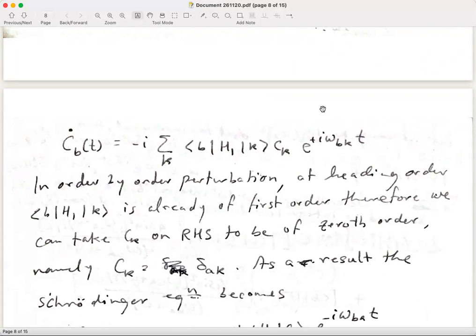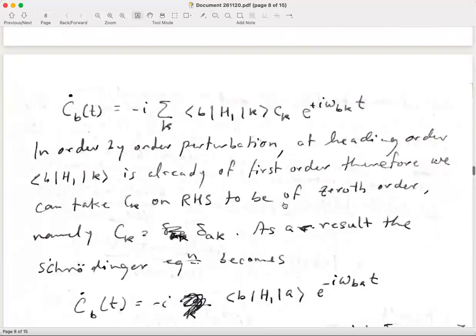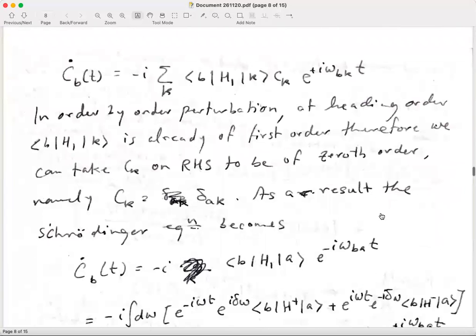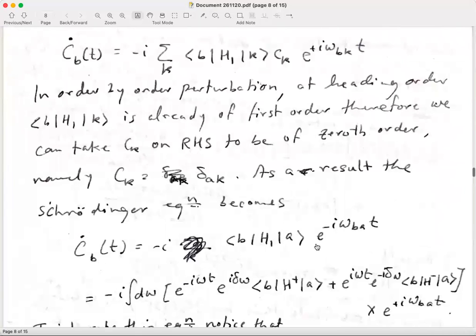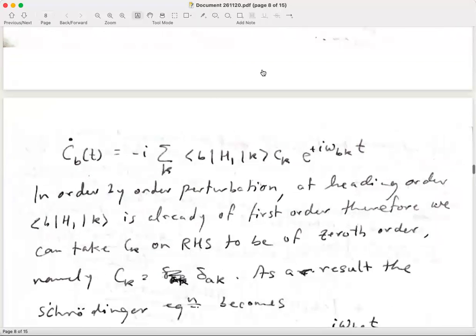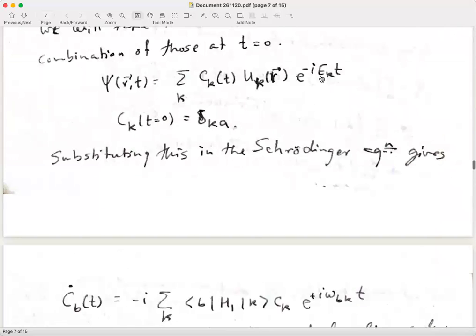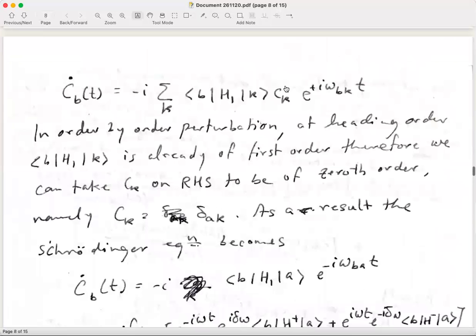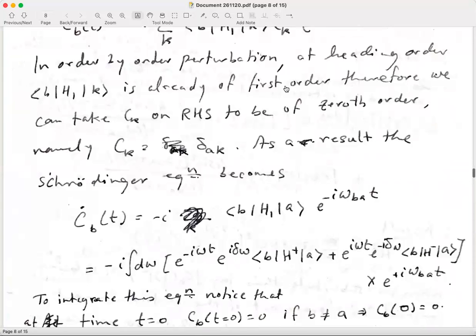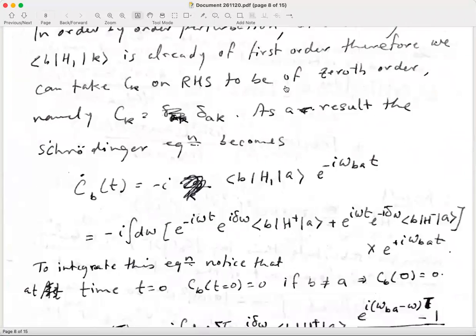We have e to the minus I omega b minus omega a times t, because of this delta function. That is the expression we would get. This entire sum would go away, because although we have written it as a sum, at time t equals 0 only one of the terms contributes. Good, so now we know what H1 is.